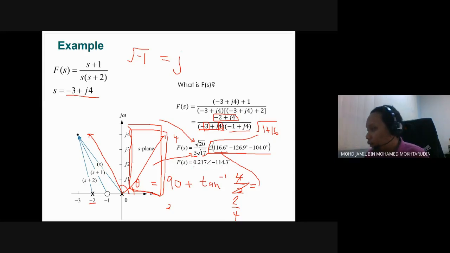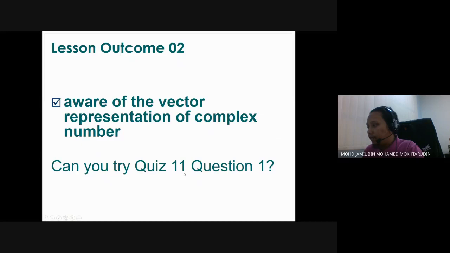Okay, so then you will get the angle and magnitude for the complex number. So you can try quiz 11 question 1 and see whether you can understand how to find the magnitude and also the angle.